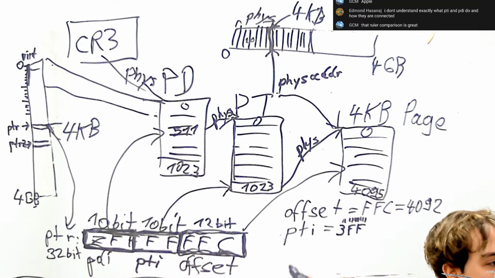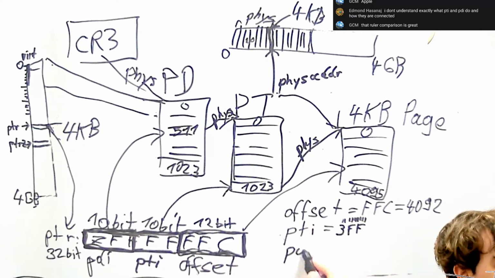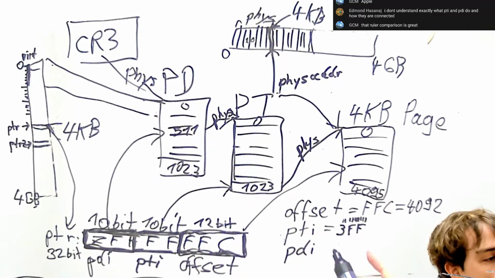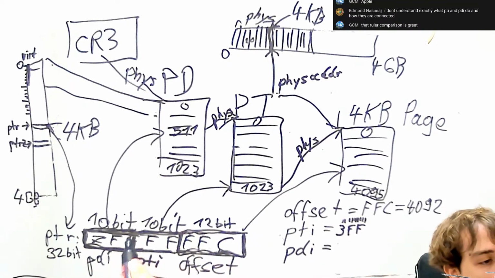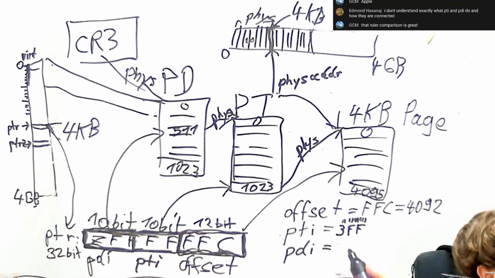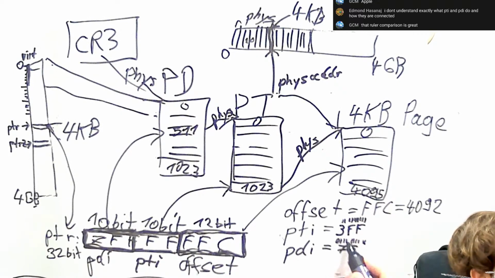For the page directory index, let's do this as well. So here we have a more complicated situation even because we need the last 2 bits from this F. So we would have something like 7F, and then there are 2 bits set here. So let's see what happens if we write it down like this. 7 means 0, 1, 1, 1.